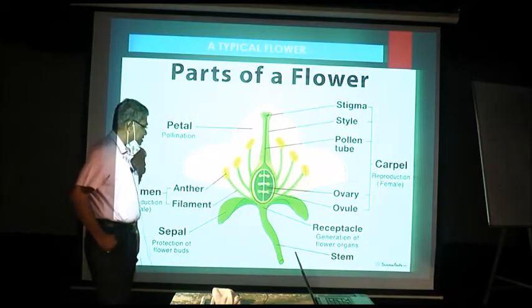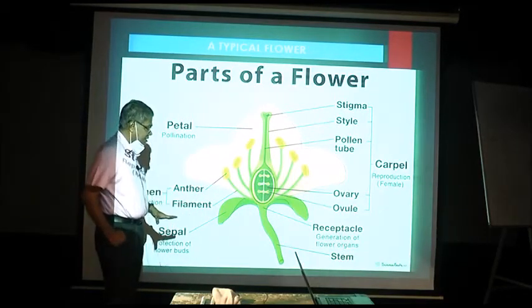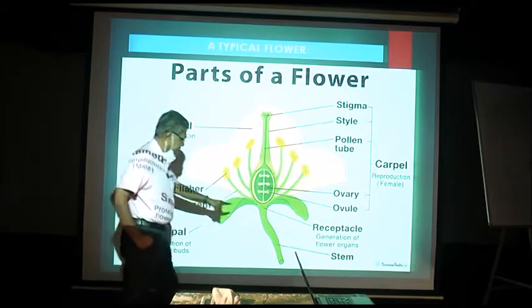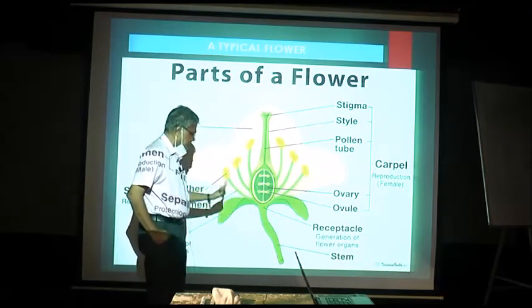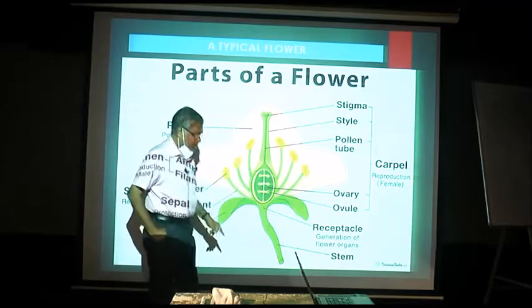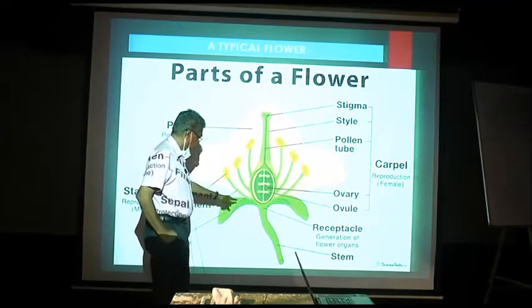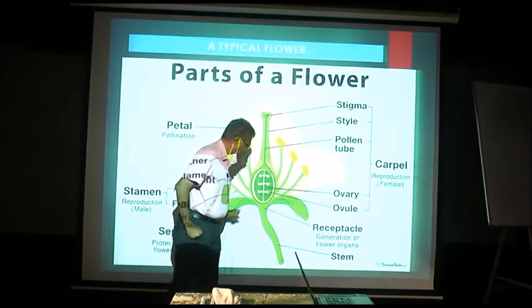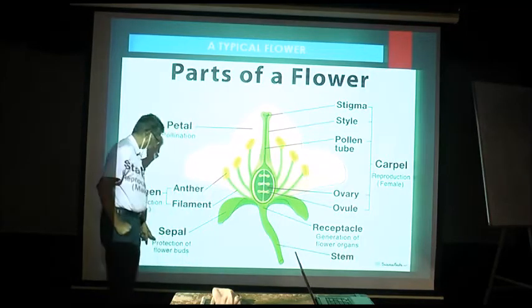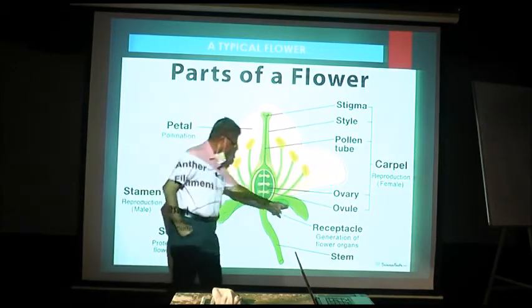We have discussed that a flower has a pedicel, which is the stalk. Here it is written stem. There is the calyx, whose individual parts are sepals, meant for protection.